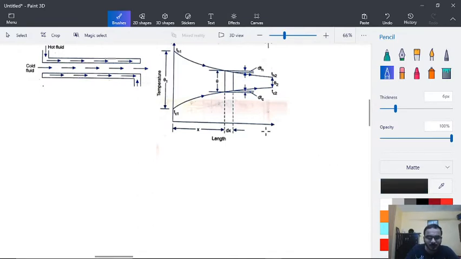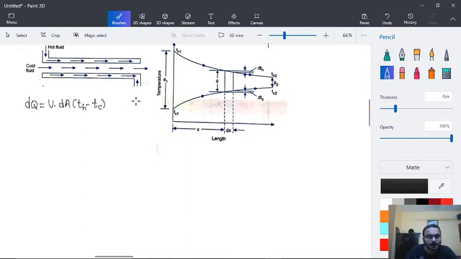First, what we will calculate is the value of heat transfer that is happening through this small element, and it will be given by dq is equal to U into dA into (TH minus TC).